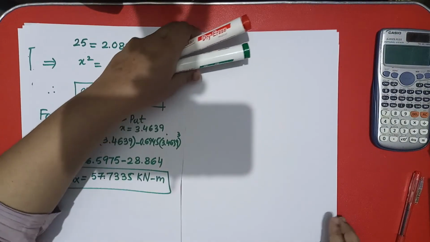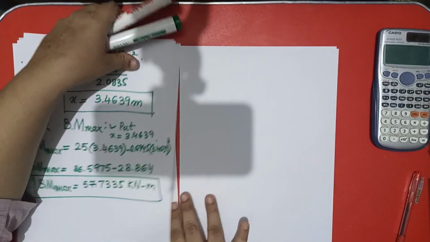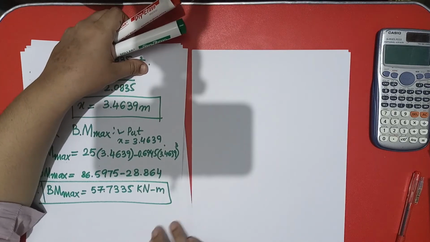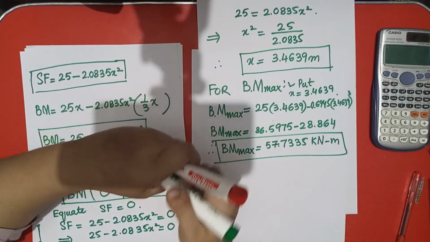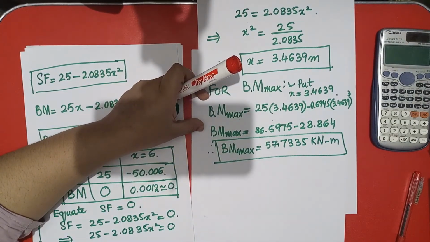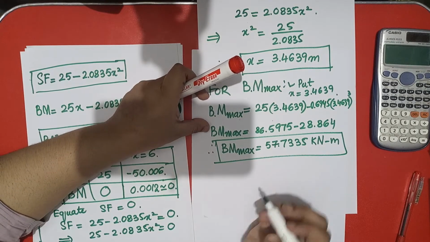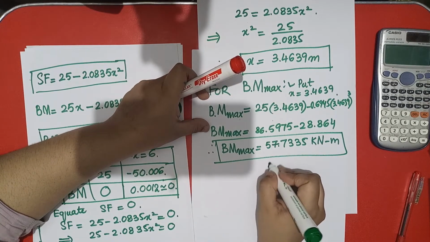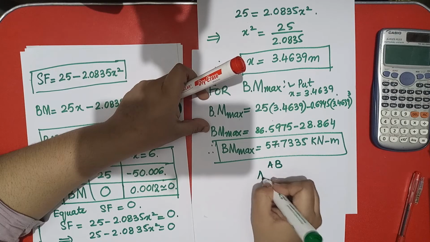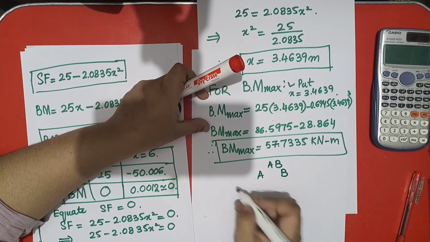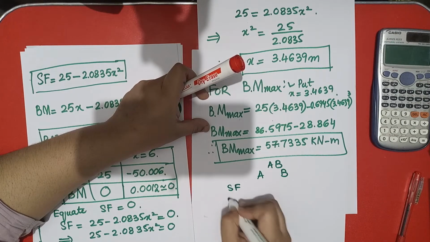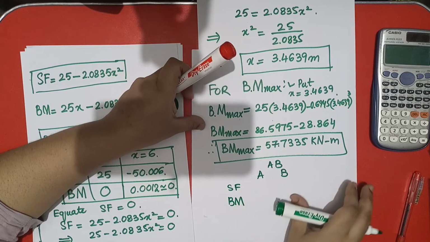Now let me tell you what the table of it will be. Obviously there are only two values, so it is not a major issue. So it is A and B, and there will be the shear force and bending moment equation.